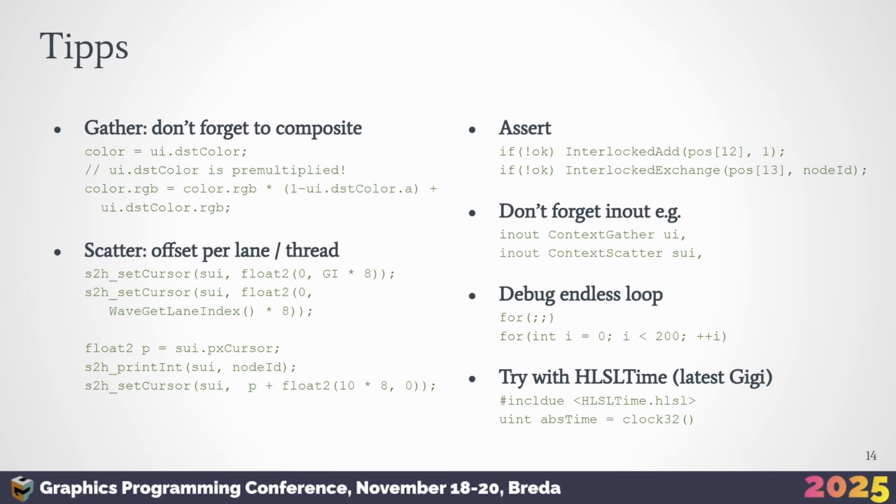So in the end, a few tips and tricks. Most likely if you use gather and you don't see the output, you just forgot to composite it. And make sure that you do that in the very end, so you're compositing the color on top of the existing color and not someone else is overwriting that color again. If you're using scatter, then make sure that you're offsetting based on the thread ID or based on the wave index.